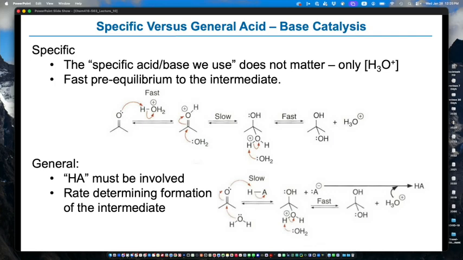It's just a bucket of protons. If you have something like a weak carboxylic acid as your acid catalyst, the proton will probably spend more of its time associated with the carboxylic acid, in which case maybe this is possible, right? Instead of it being transferred from acetic acid to the solvent, and then the solvent transferring it to your system, right?